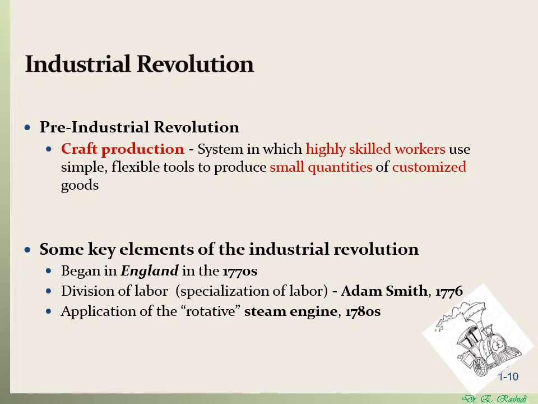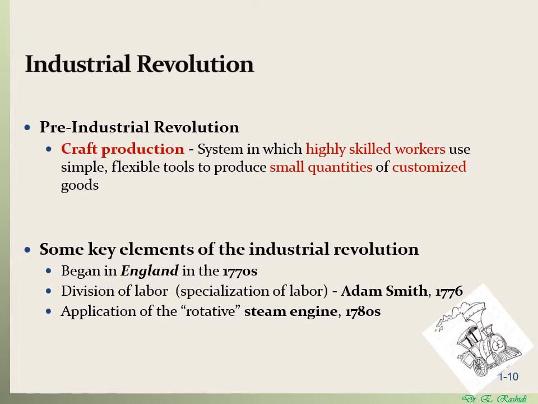Another key element in the Industrial Revolution was the invention of the steam engine and its application in industries. Of course, machines can work much better than humans and laborers, because they do not get sick, they do not die, they do not go hungry, and they can work tirelessly.